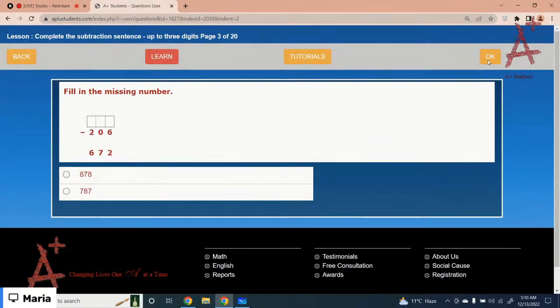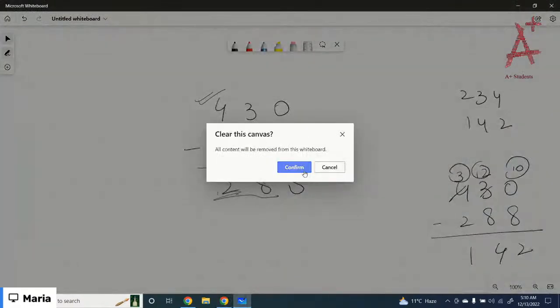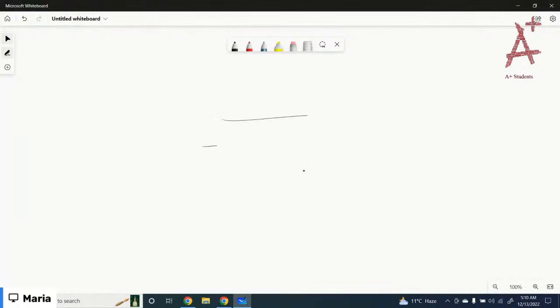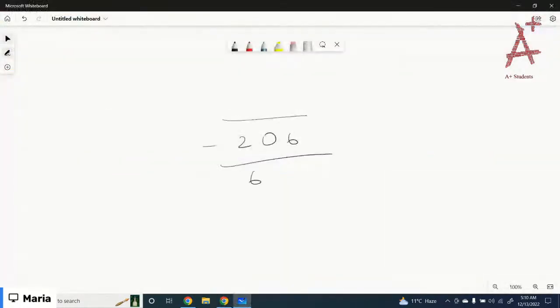Now the next one is the missing number subtract 206 equals 672. Now you are missing the greater one. You always subtract a smaller number out of the greater one, so this number must be greater than 206.